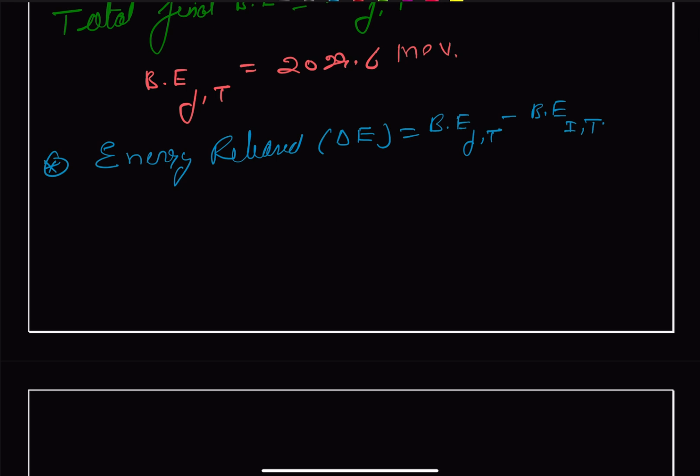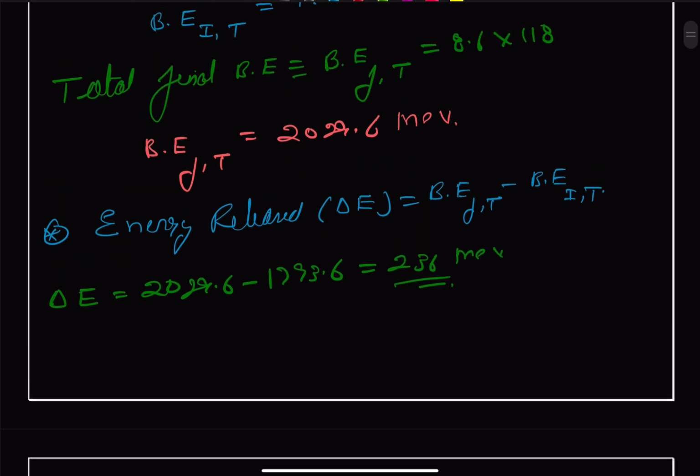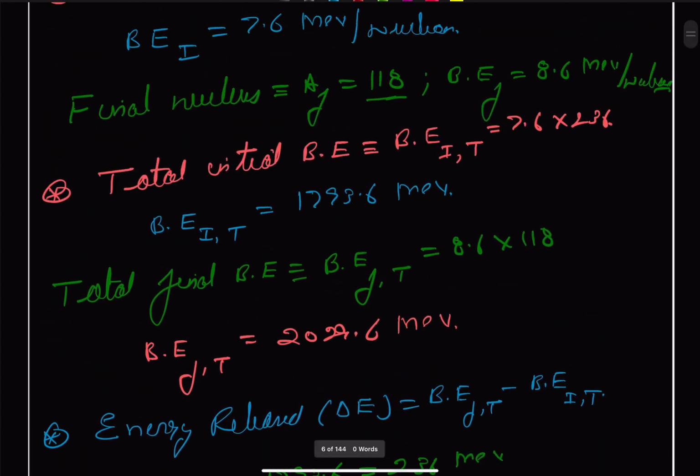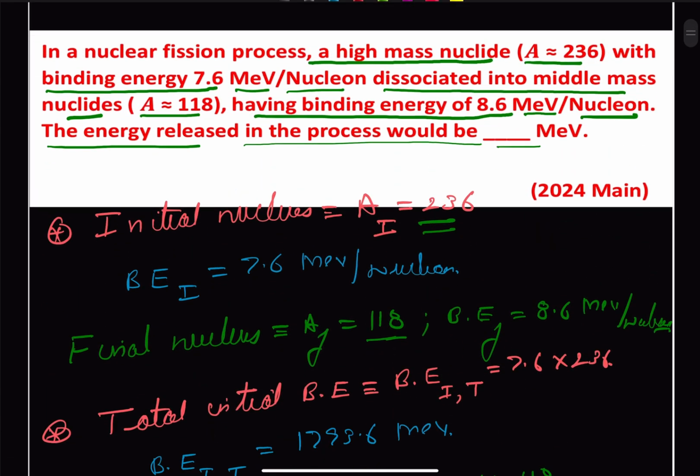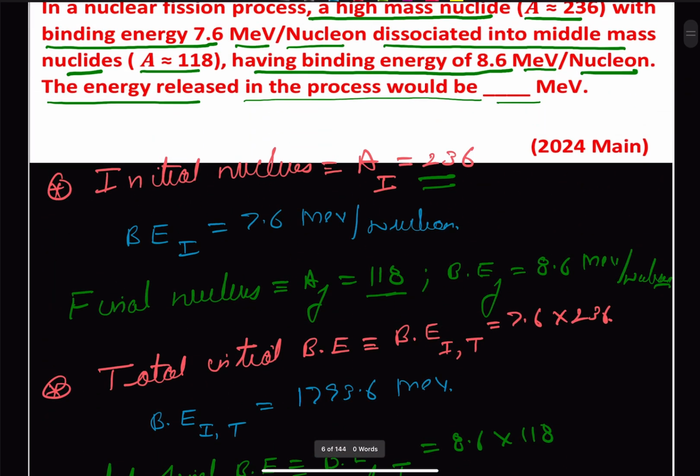We simply substitute the values, we get delta E will be equal to 2029.6 minus 1793.6, which comes as 236 mega electron volt. So the energy released is 236.